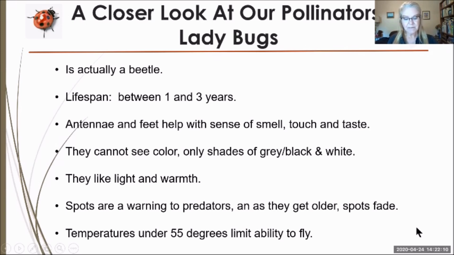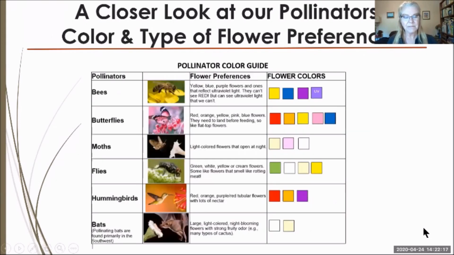Okay, so next we're going to look at a chart that shows these and other pollinators' flower type and color preferences. So this one is in the handout. It's a pollinator color guide.